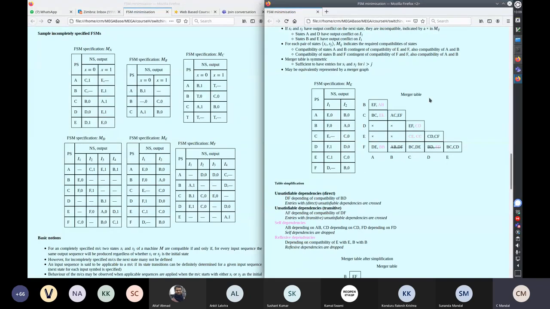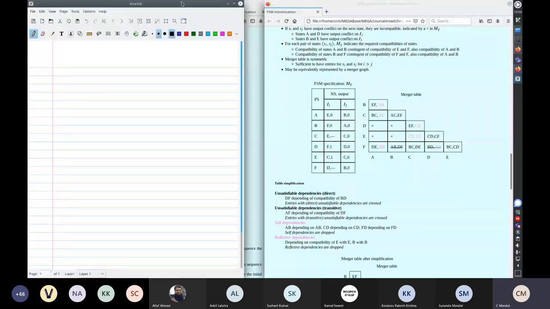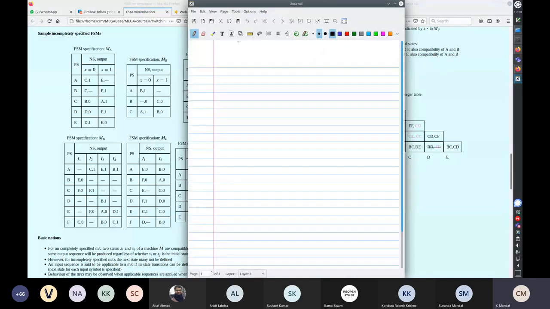So just remember a few things. Suppose you have three states. Now, suppose A and B are compatible.